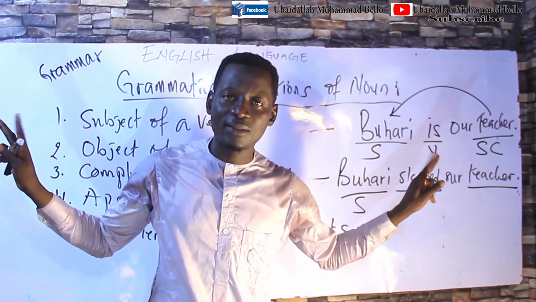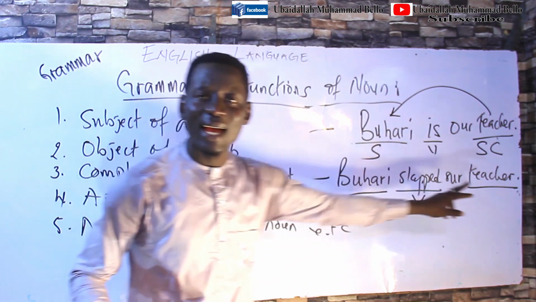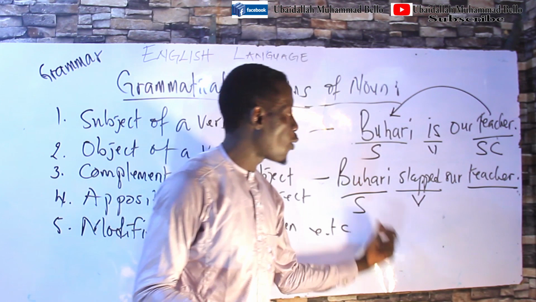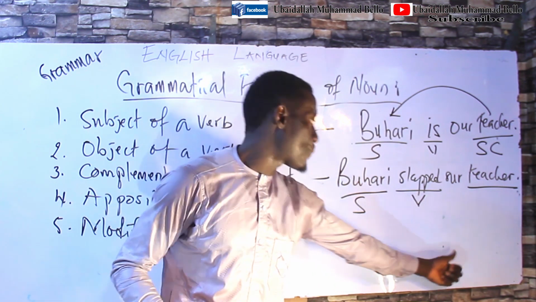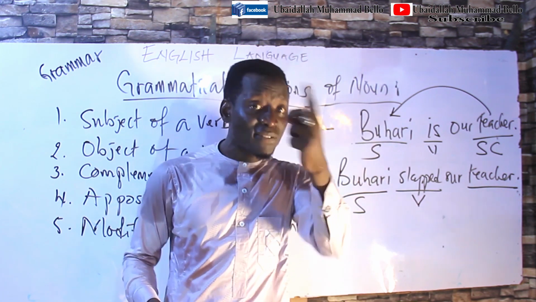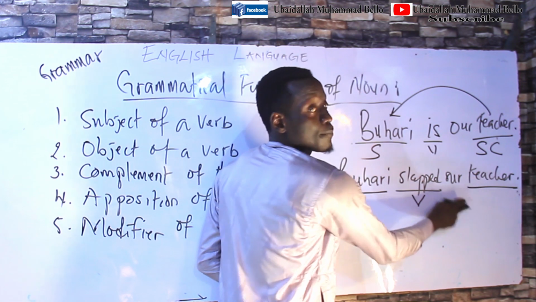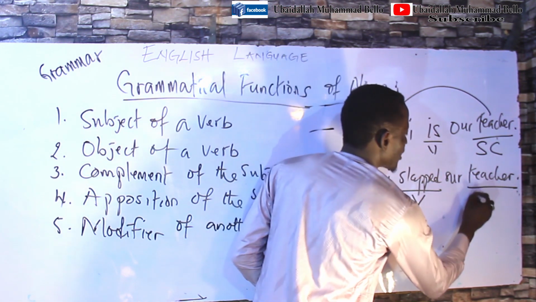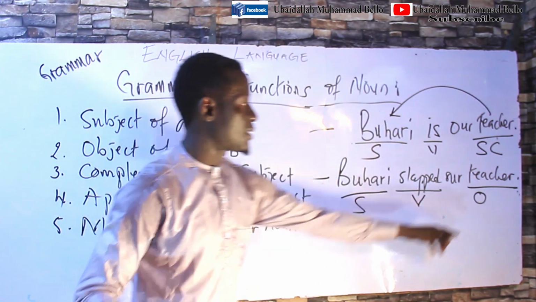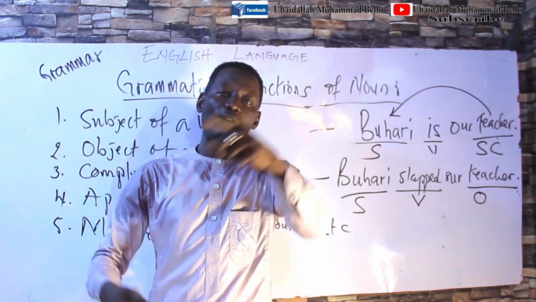But in this one, there are two different persons. One is Buhari, and teacher here is another person. Therefore, Buhari, who has done the slapping as an action, is being received by somebody. Therefore, here we don't have subject complement again, but object of the verb, because object has to do with the recipient or receiver of an action.